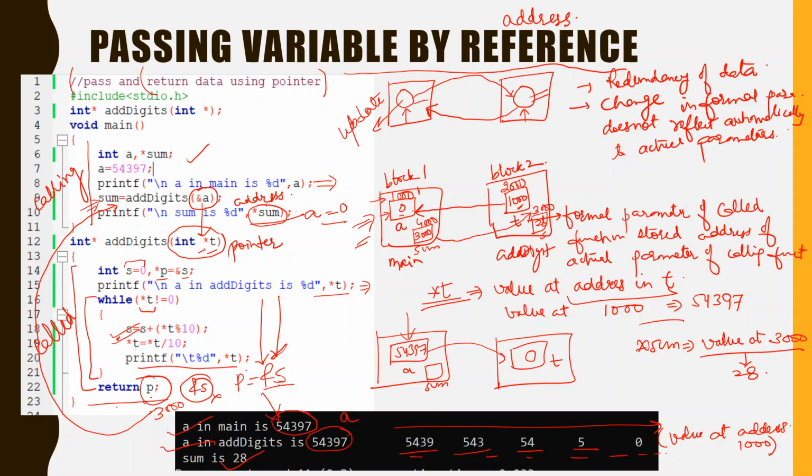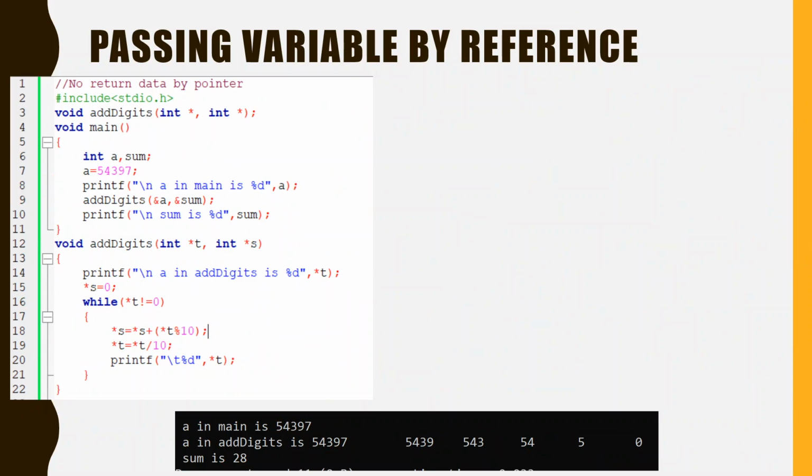And the variable s which is created in block 2, its value is never passed to block 1. But its address is passed to block 1 so that it can access it with the help of reference and pointer.